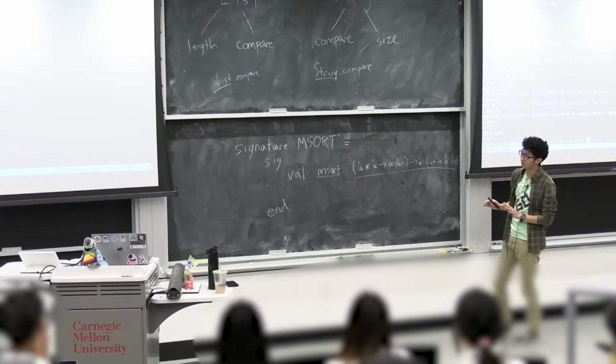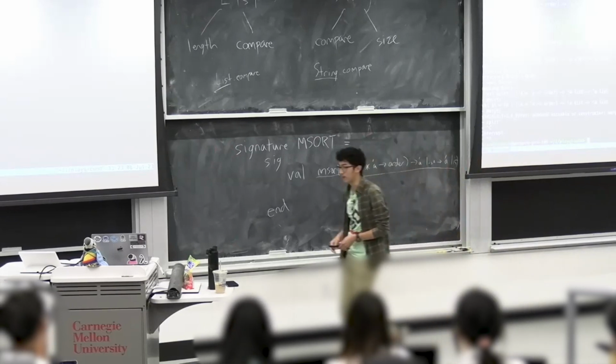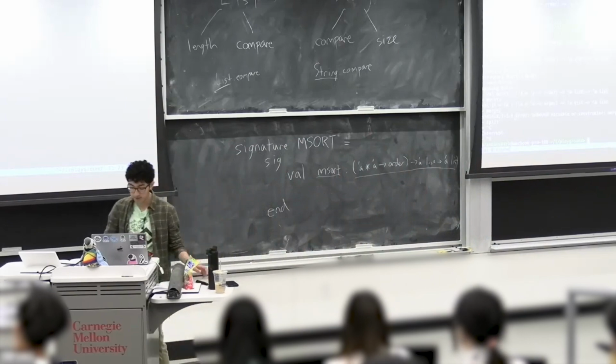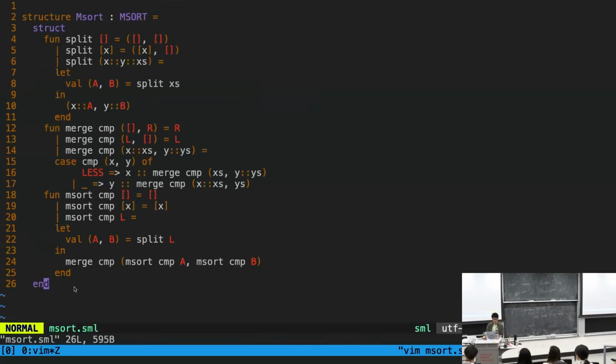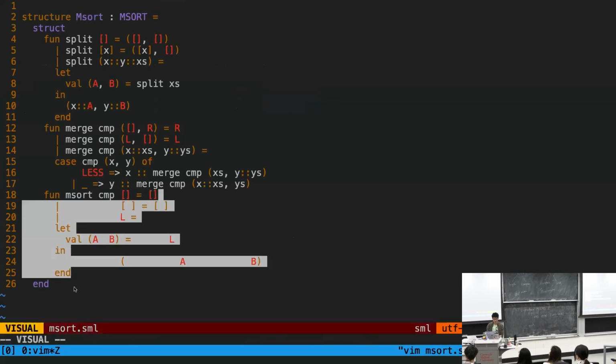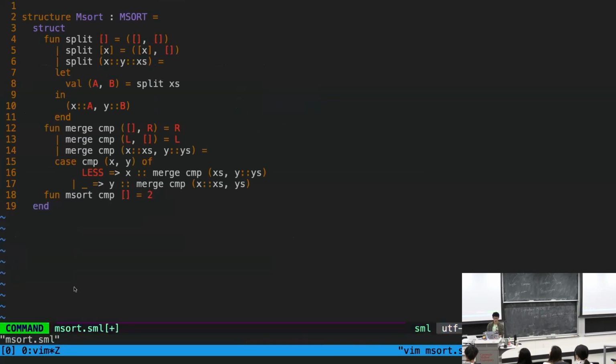And that's really cool. And the next really cool thing about it is, well, what if my 5-year-old gets a hold of my computer and then decides to change my msort implementation such that now msort given cmp and the empty list gives me 2. This is not of the type in the signature. So what can I do?